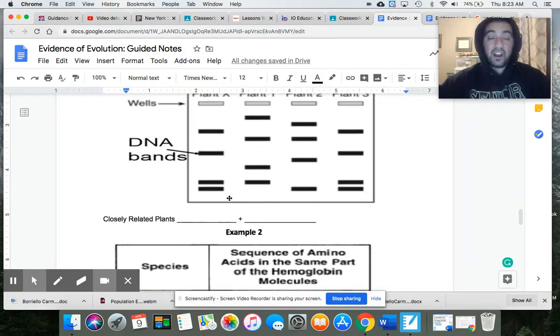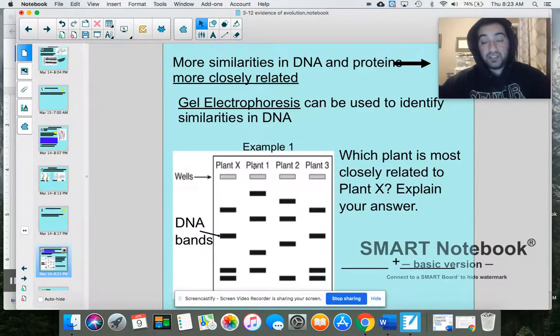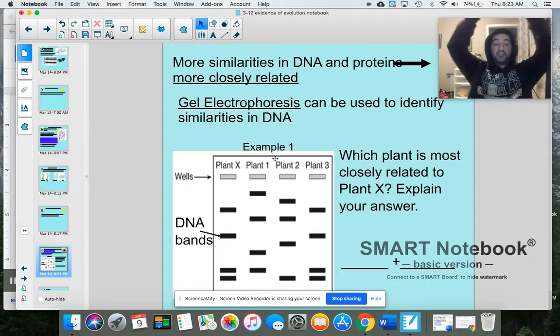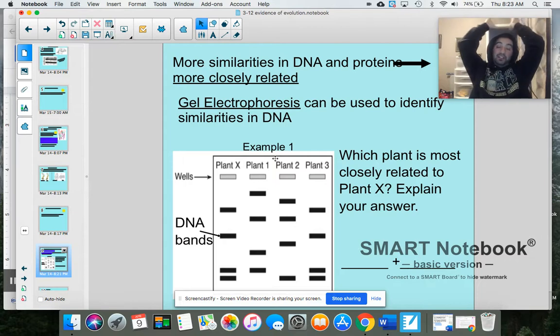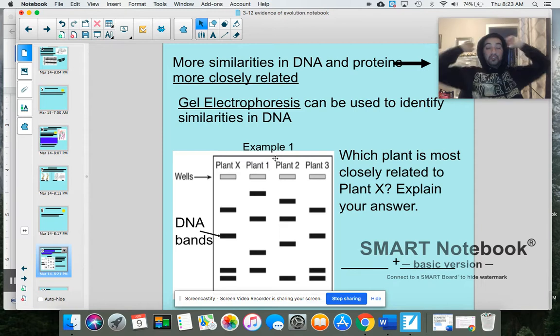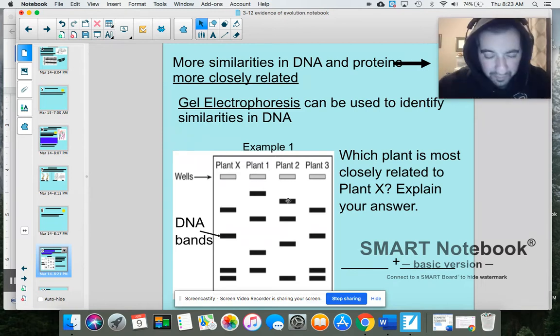Okay, in the guided notes, they're giving us two options. They want us to identify two plants that are similar. So plant 3 is definitely similar, and if you had to select another one, you would say plant 2, right? Plant 2 is similar to plant X, and then plant 1 is definitely not, right?